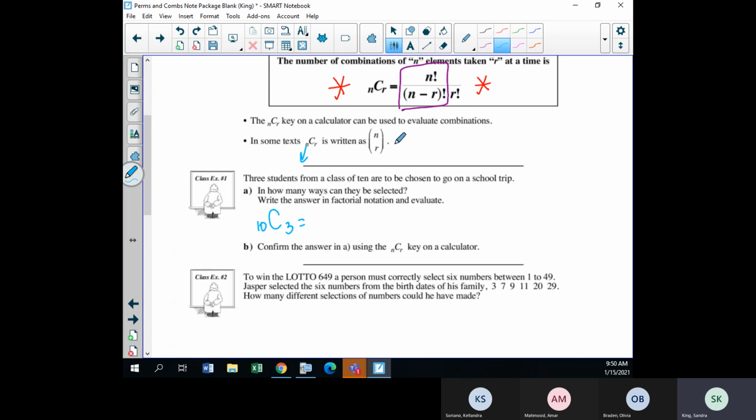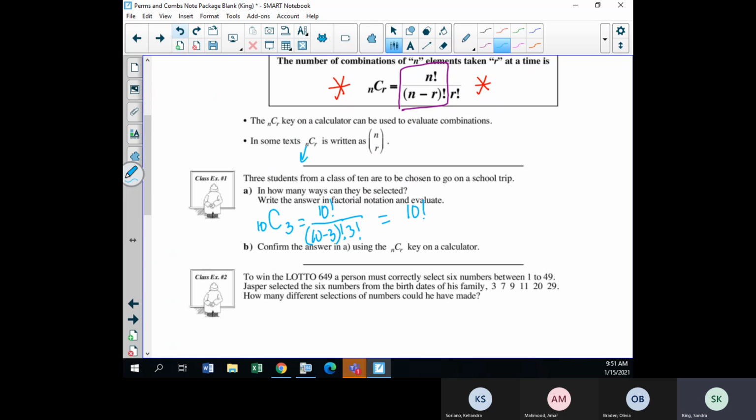So that would be n factorial, which is 10 factorial, all over n minus r. So that would be open bracket 10 minus 3, close that bracket, put a factorial, and then r is 3 factorial.